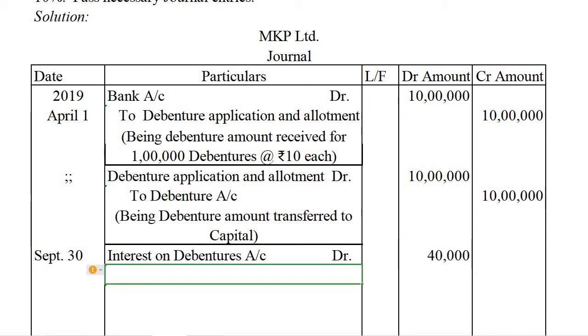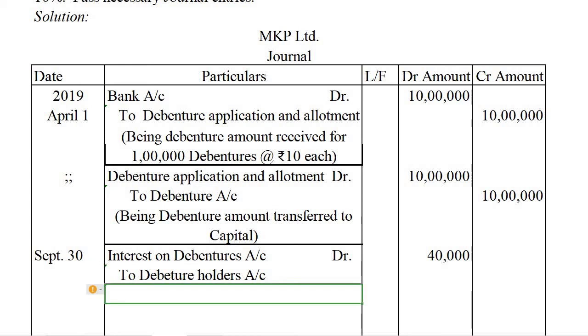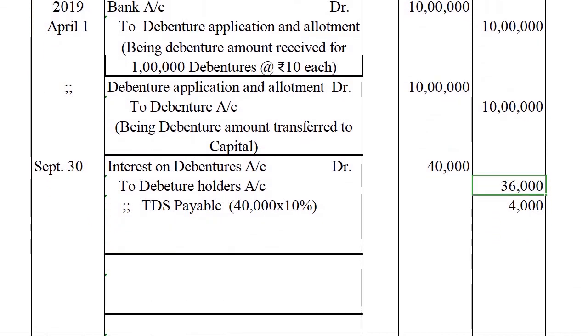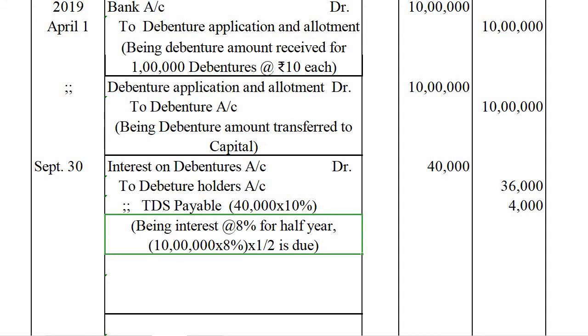Before the payment to the debenture holders, let us see how much is to be transferred to TDS payable. 10% is the tax, so 40,000 into 10%, that means 4,000 we have to pay to the government. Remaining for the debenture holders is 90%, that means 36,000. So this is the way of writing the due entry if there is tax on interest on debentures.